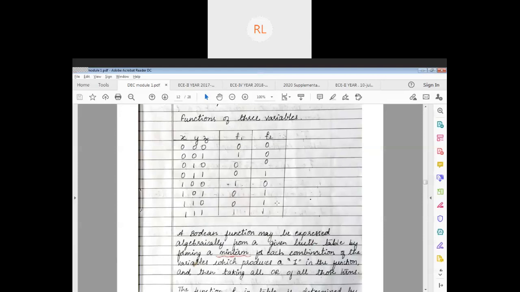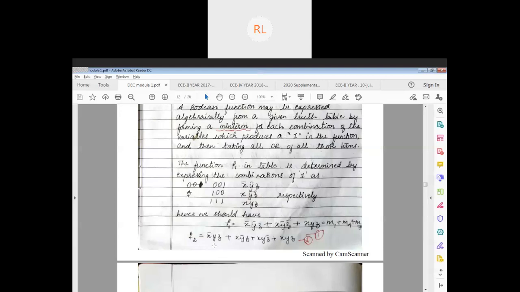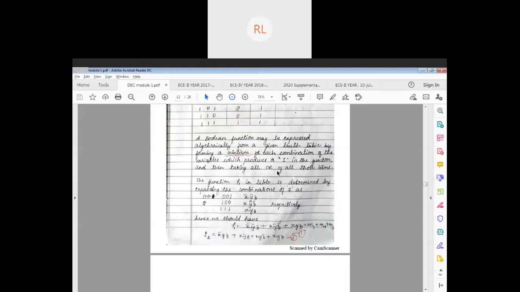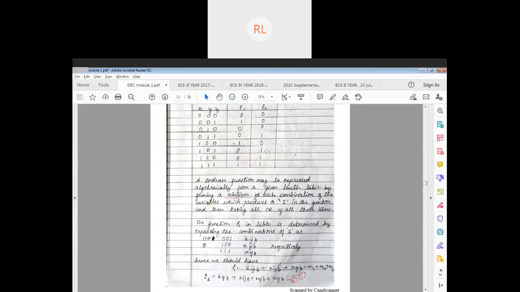Similarly for f2, I should have 4 terms, right? For f2, 1, 2, 3, 4, the number of terms is correct. Now we should just verify if that is true. It is 1 here, so which means x bar y z, that's correct.